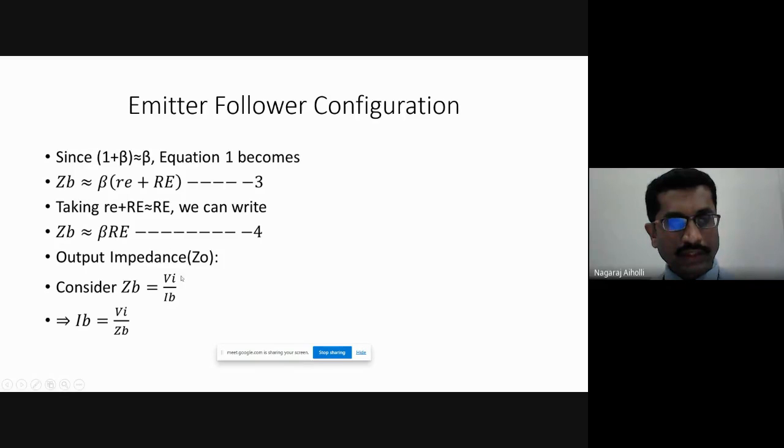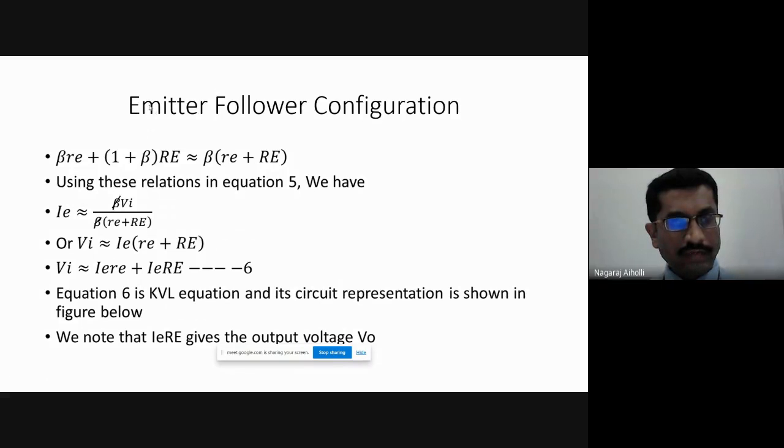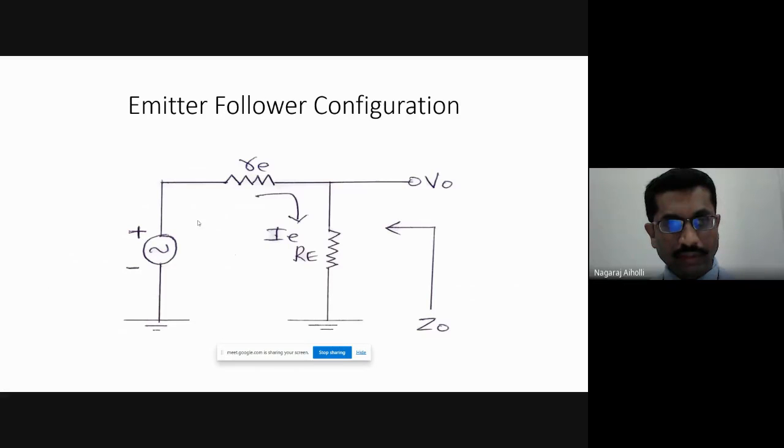Output impedance Zo we obtain from the KVL equation. We first simplify all these equations, and then we get it in the form of a KVL equation. The KVL equation is Vi is equal to I into (small re plus capital RE). If we draw this KVL equation in the form of a circuit, this is Vi, and this is the current I through small re plus I through capital RE. Here there is a node.